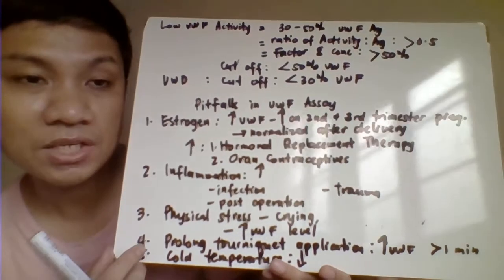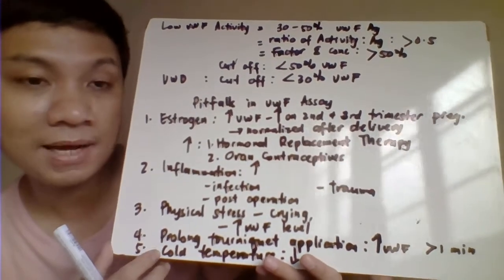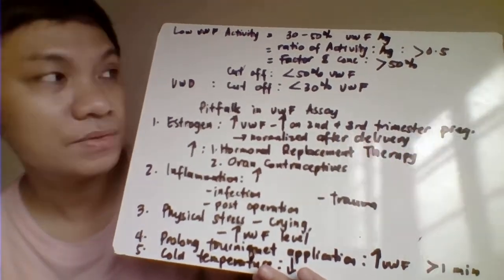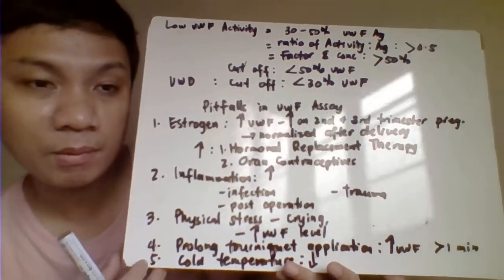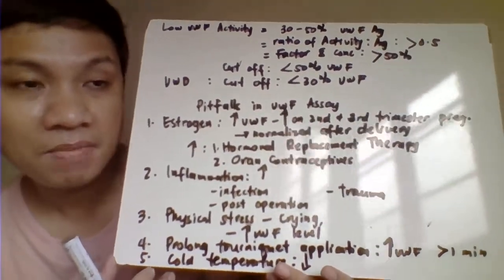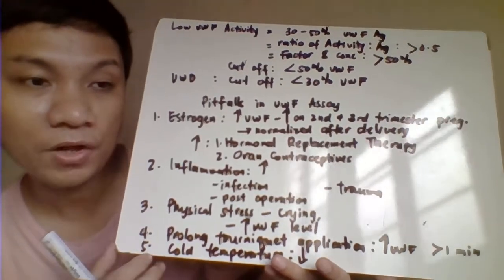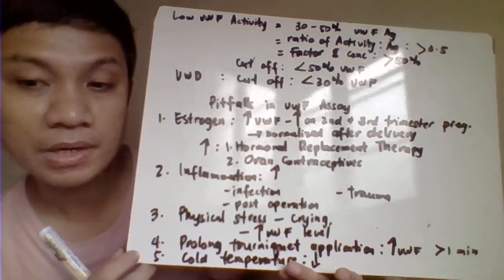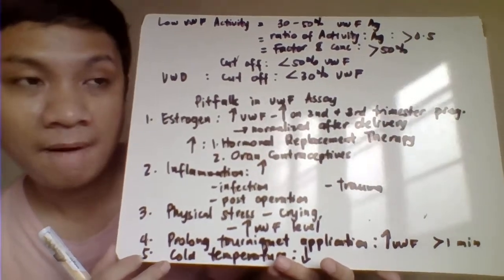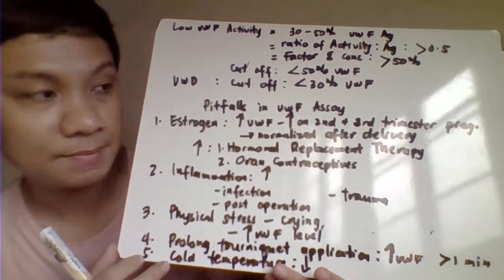Pag ang concentration ng von Willebrand factor natin is less than 50%, we consider that one as low von Willebrand factor activity. But if the concentration of your von Willebrand factor is less than 30%, then that would already be considered as von Willebrand disease.